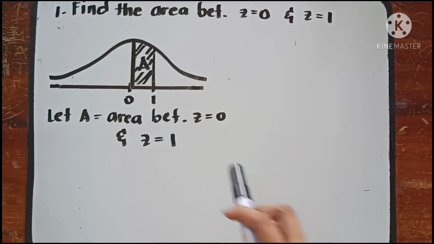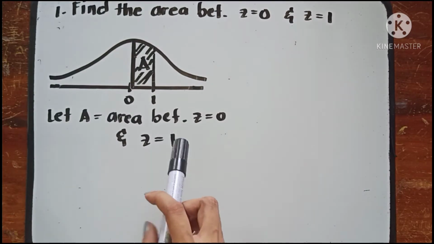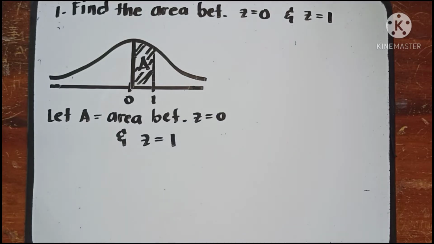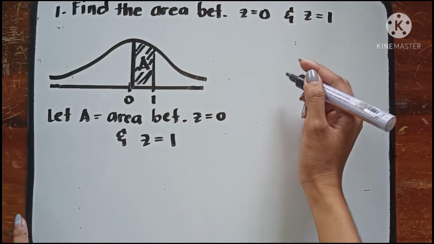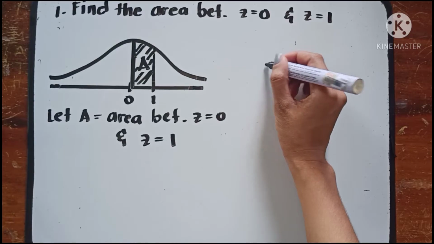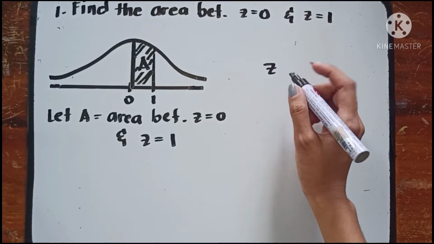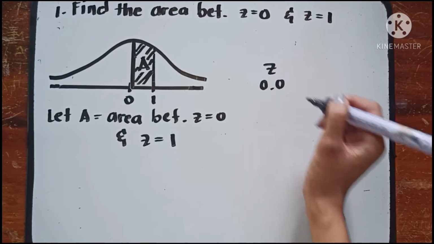Okay, so ngayon naman, hahanapin na natin ano ba yung area between z is equal to 0 and z is equal to 1. So, to find the area, gagamit tayo ng z-table. Okay, so sa paano hahanapin yung value nito sa z-table? So, sa first column, meron tayo dito 0.0.